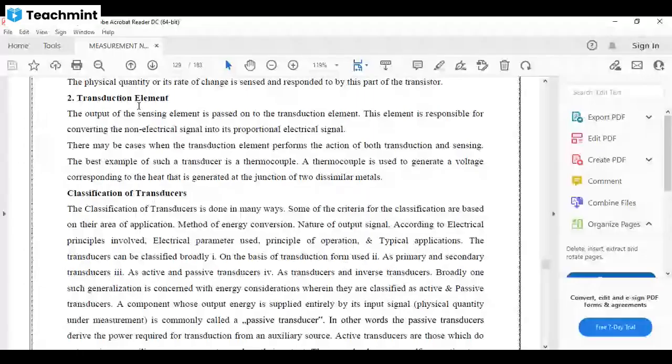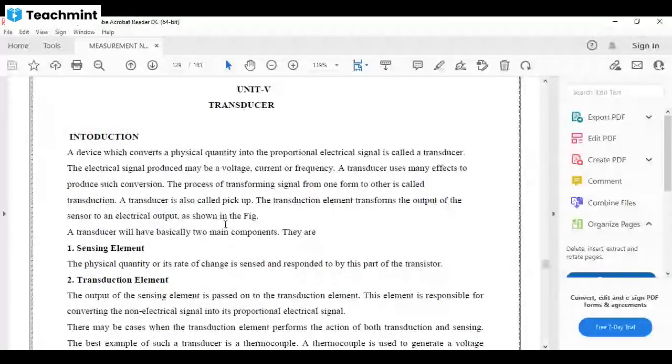Okay, the screen is visible to everyone.